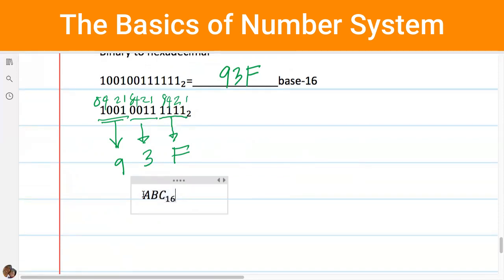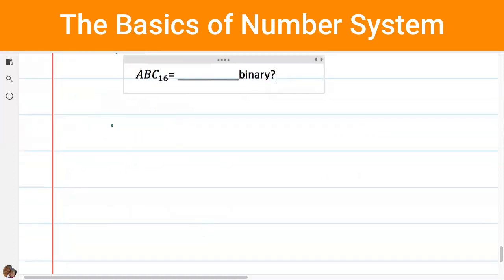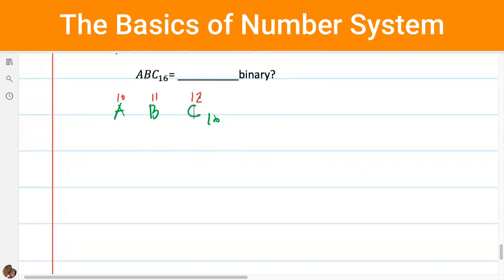What is this in binary number? So what we are going to do here is to separate this one, A, B, and C. Take note, the value of A is 10, the value of B is 11, the value of C is 12. Now, we are going to represent those values in binary numbers.